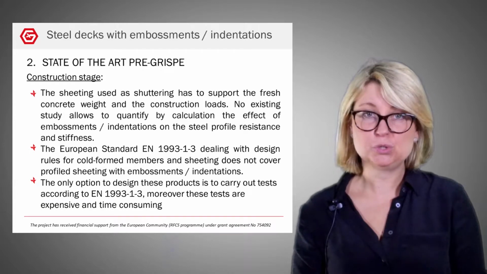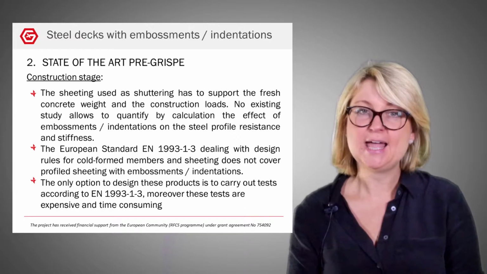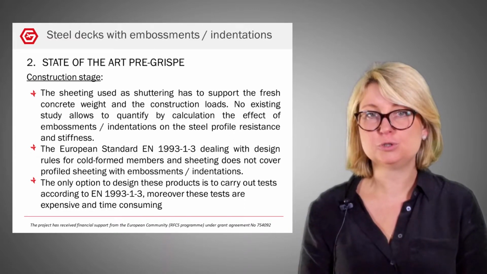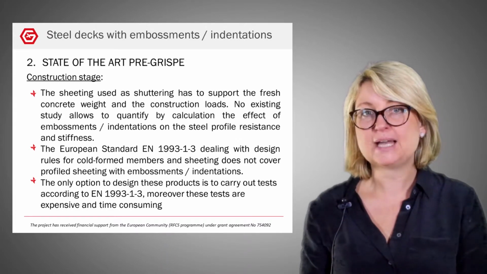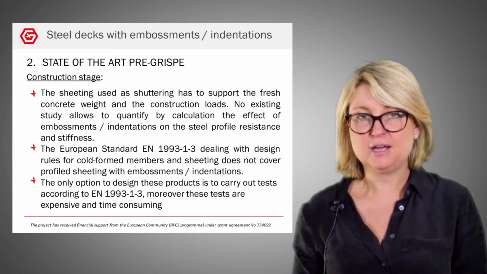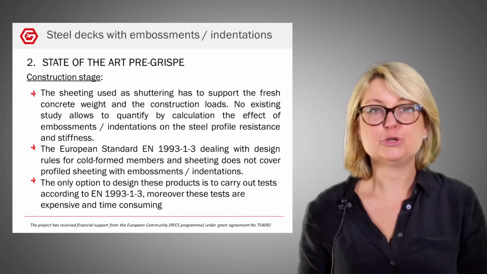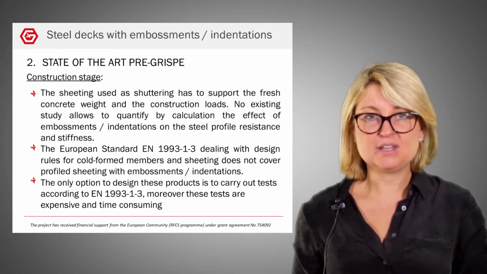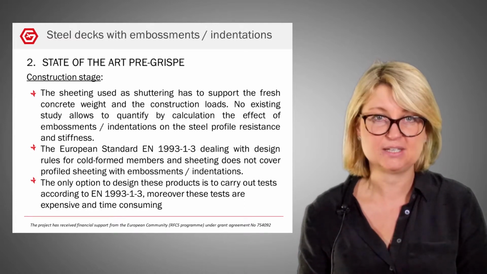But at the construction stage, where the sheeting is used as shuttering and has to support fresh concrete weight and construction loads, no existing study allows to calculate the resistance of steel profile with embossments and indentations. The Eurocode 3 Part 1-3 only deals with steel profiles without embossments and indentations.